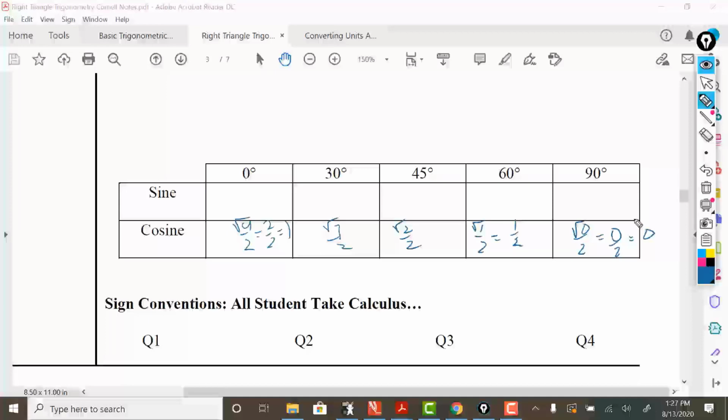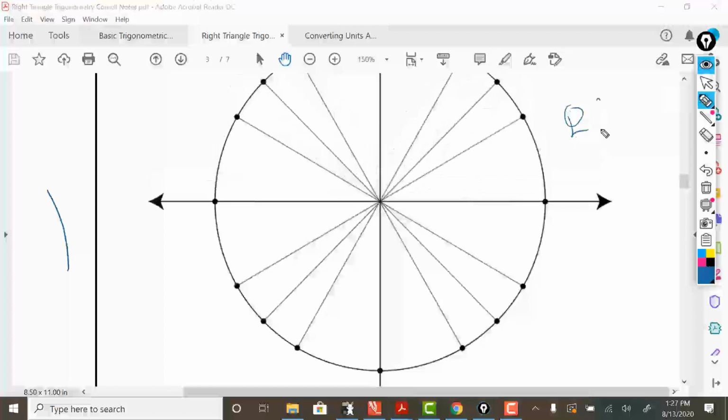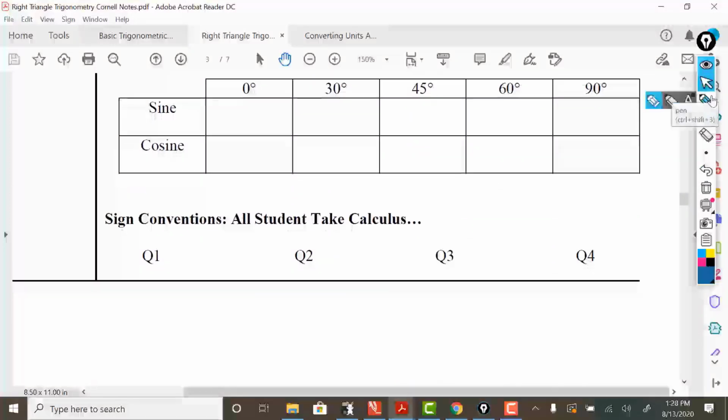We have the 4 quadrants, right? They're going to go in a counterclockwise direction, in case you forgot. We're calling this quadrant 1 over here, quadrant 2, quadrant 3, and quadrant 4. We have a saying: all students take calculus. So all means everybody is positive. So sine is positive, cosine is positive, tangent is positive in the first quadrant.